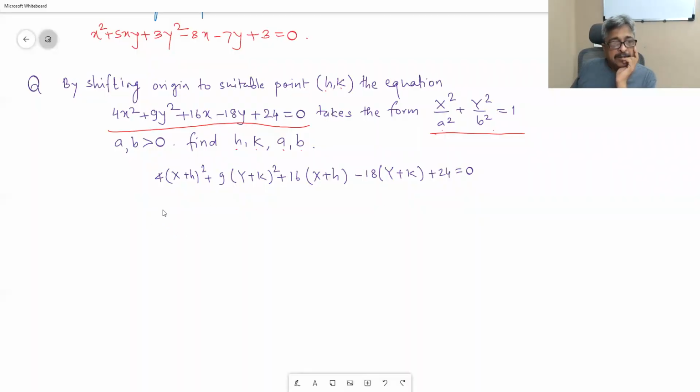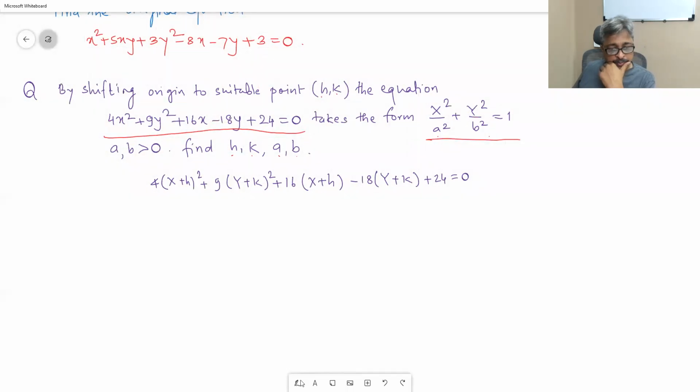Okay, let us solve it by putting capital X plus h and capital Y plus k for small x and small y respectively. We get this equation, and the coefficient of capital X square is 4 capital X square.